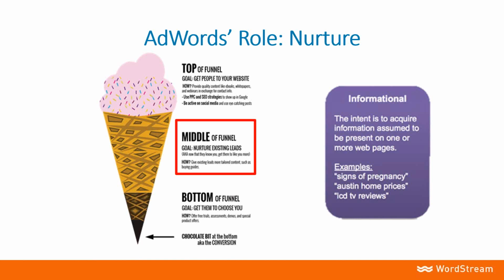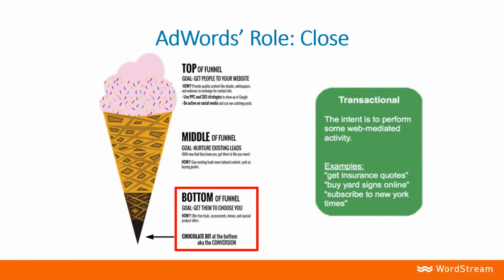We'll get into some ways that you can tweak your ad copy dynamically in accordance with the stage that somebody might be at. Finally, the close, garnering a conversion. This is you bidding on transactional keywords. These are people who have been nurtured, ideally, and you bring them in at the end and make some money. This is also probably going to include branded keywords because the familiarity is already there.